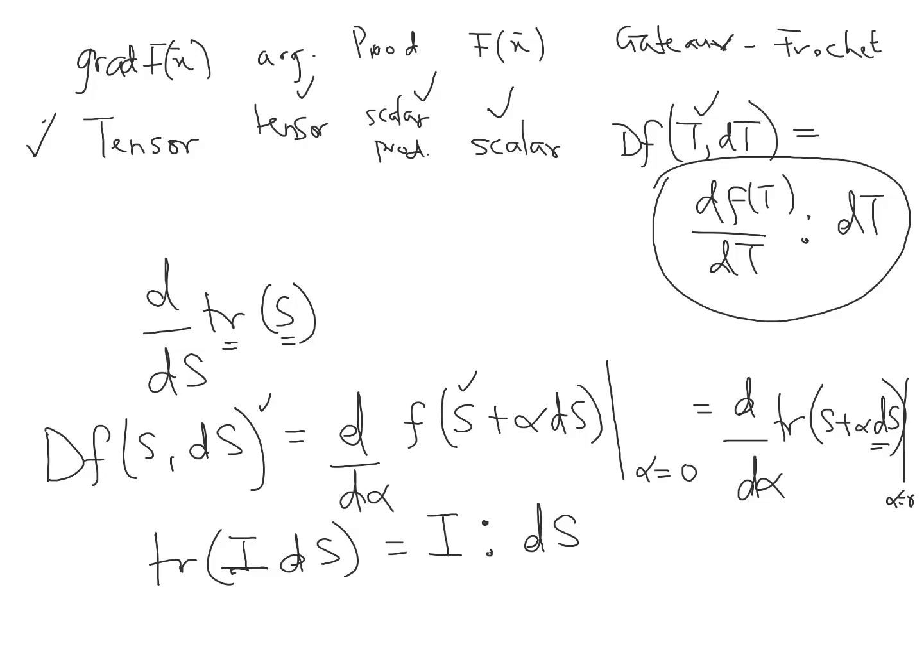What we are looking for is actually the Frechet derivative. For this question, this is what we are asked to get. So using this relationship that we have on the table, we will see that this will be equal to df/dS scalar product dS.